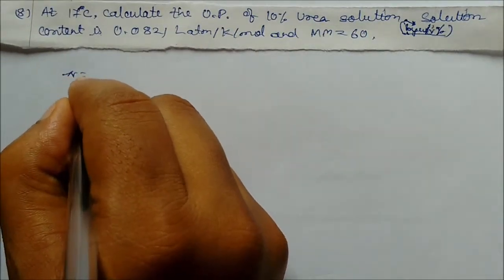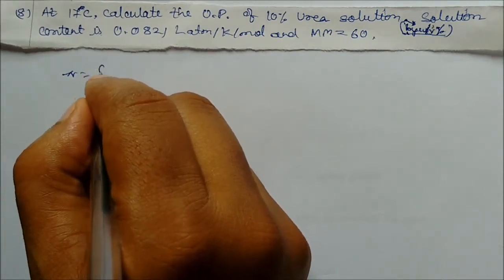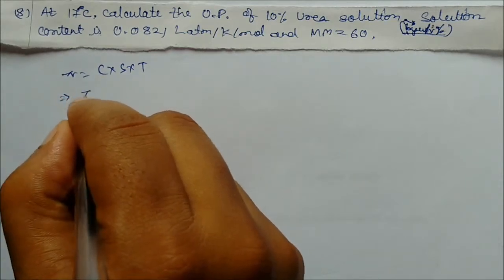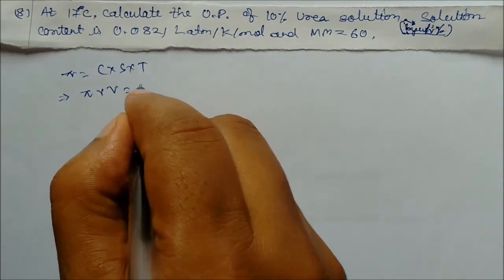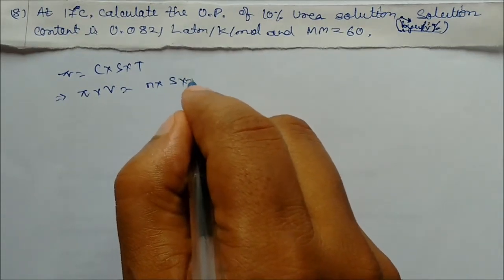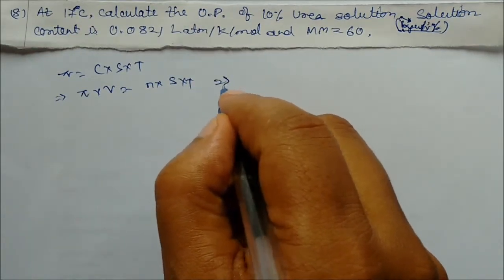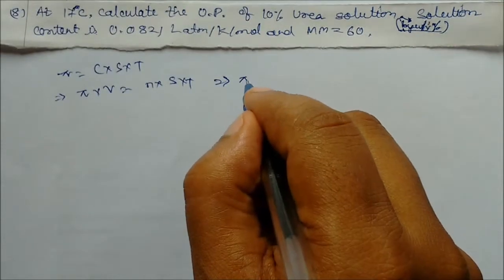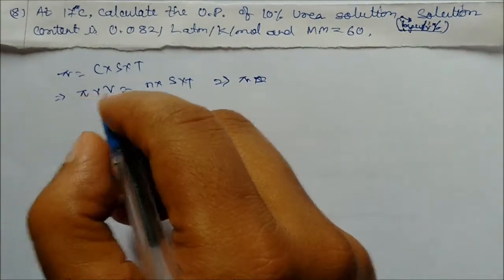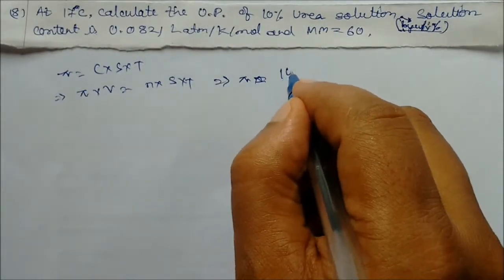So again simple. So pi is equal to C into S into T. We can write the modified form, pi into V equal to N into S into T. Okay, so we have to find pi. Moles is given, moles is 10 by 60.